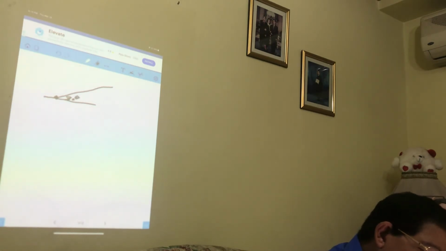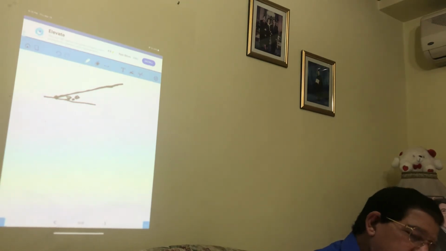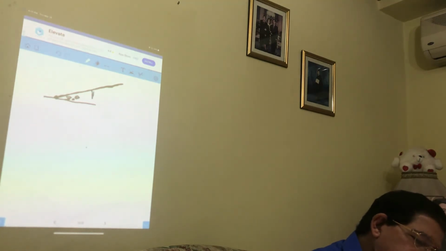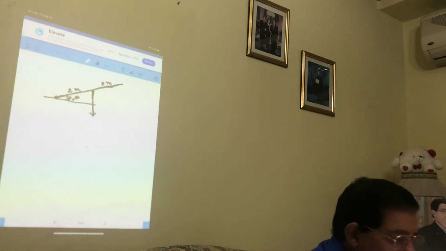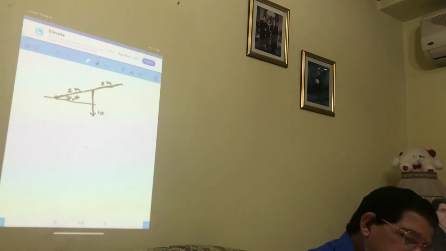The rod is uniform, its length is 4 meters, therefore this is 2 meters and 2 meters. And the rod is of weight 10 kilograms, but this is 10g.